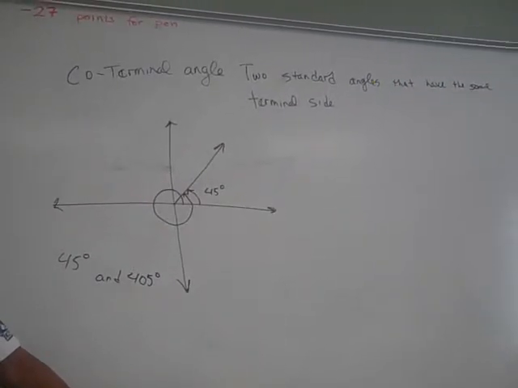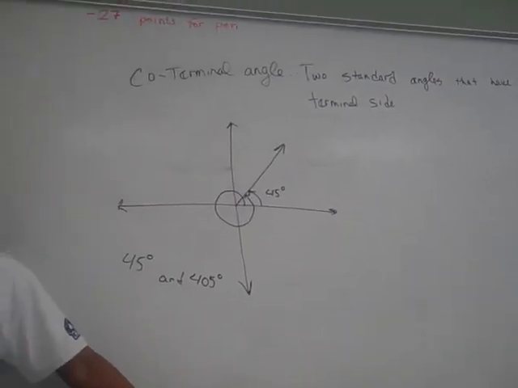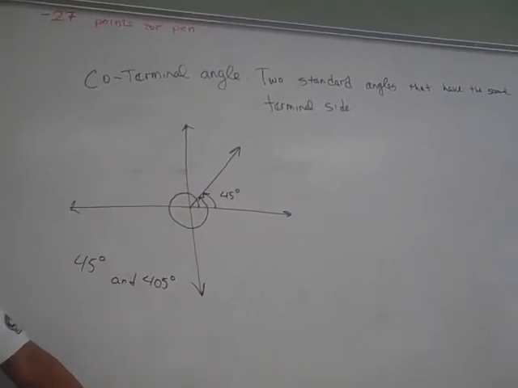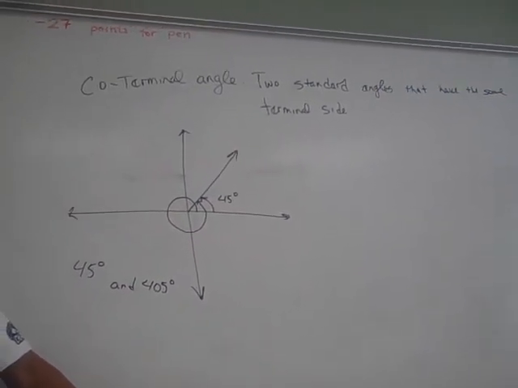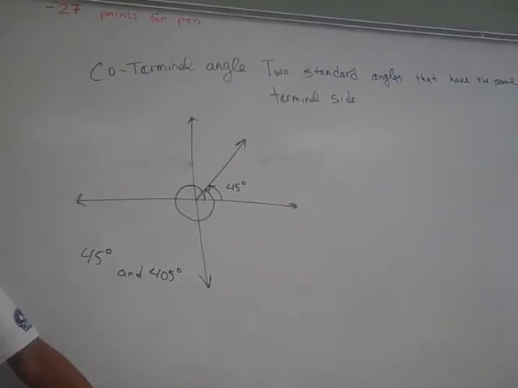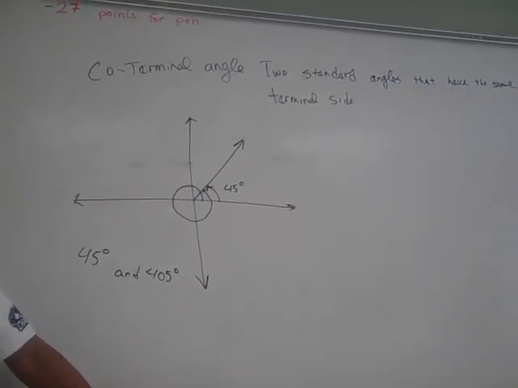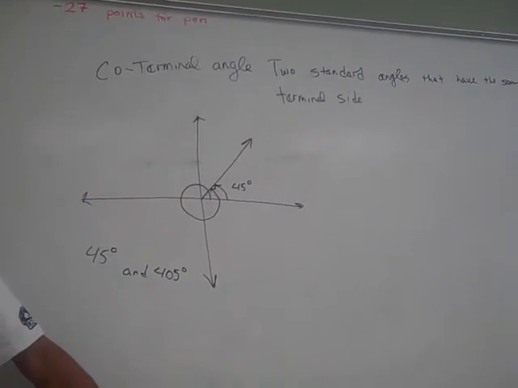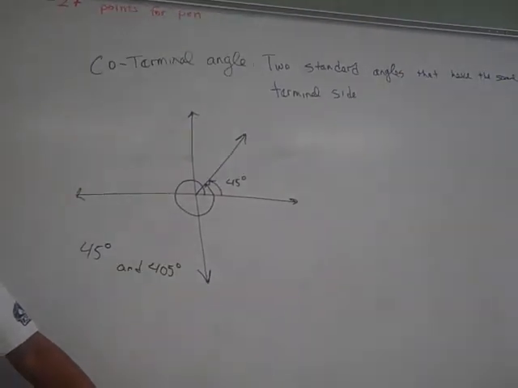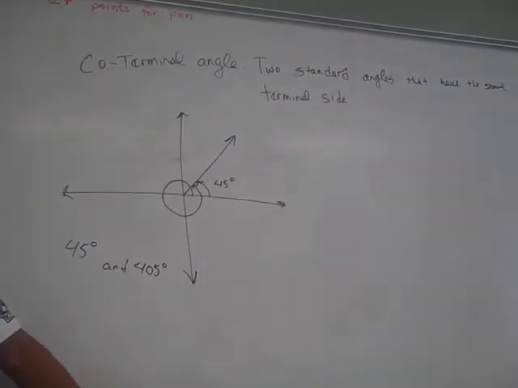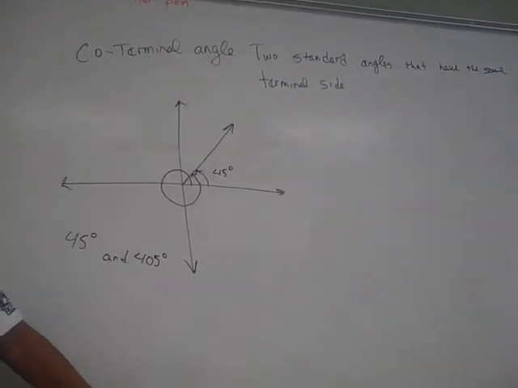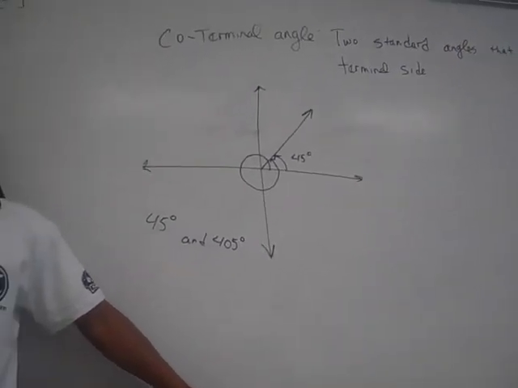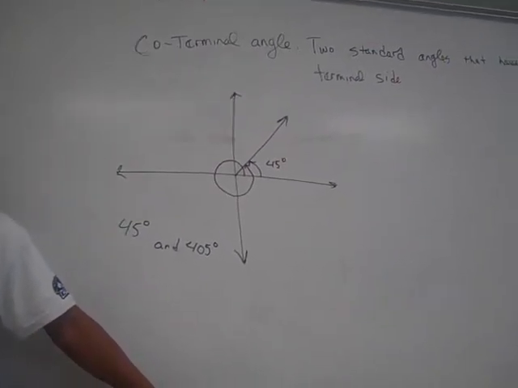Do not give me degree measurements when I'm talking about radians. 360 in radians is what, people? Thank you. 2 pi. So what are you supposed to do with radians? Add or subtract 2 pi.